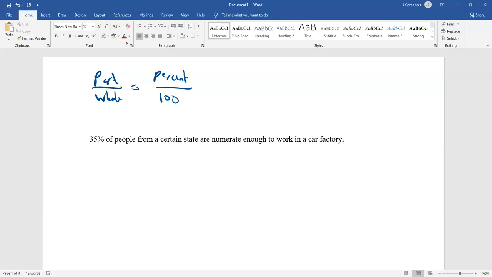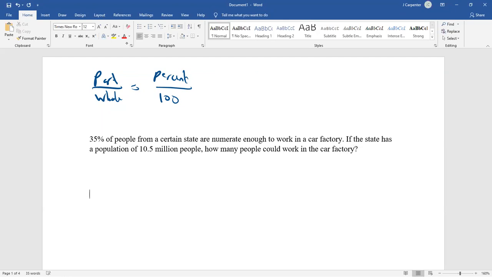We gotta do some little light programming of things to get the cars built, whatever. If the state has a population of, let's go, 10.5 million people, how many people could work in the car factory?